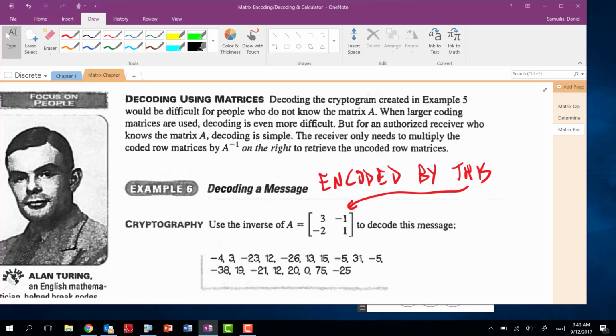Where was the encoding matrix? How were the letters put in the message matrix, we'll call it? And again, for this Algebra 2 book, the encoding matrix is on the right. The letters were put in order of rows, so they were put across. Okay, got it?